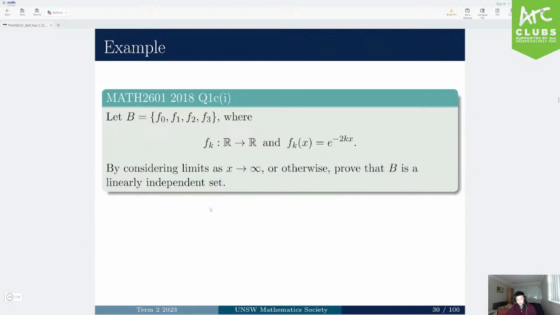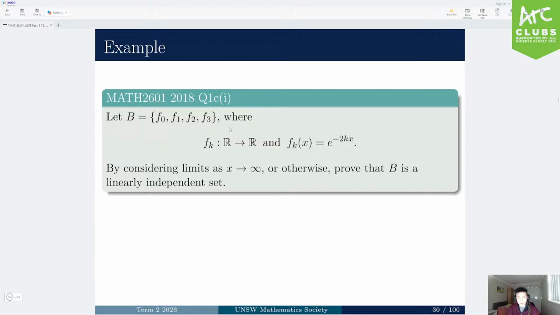Again, for every question that asks us to prove something is linearly independent, we always start off with the equation, in this case alpha 0 f0 plus alpha 1 f1 plus alpha 2 f2 plus alpha 3 f3 is equal to 0. We have to somehow prove that the scalars are equal to 0.